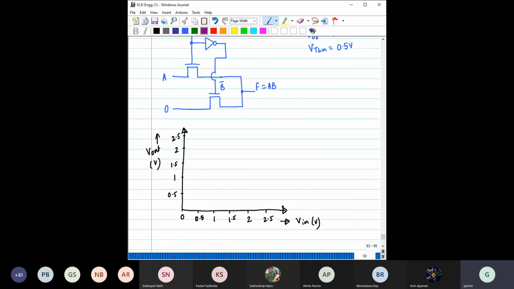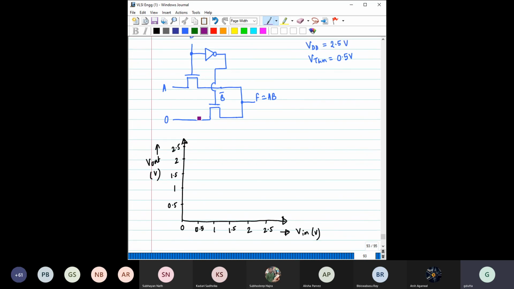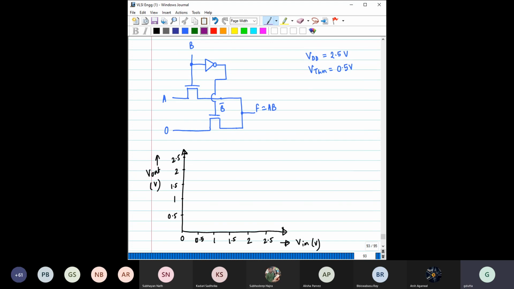Now you have to draw V out versus V in. Again, you recall we have done for static CMOS, for the NAND gate, what the VTC would be.